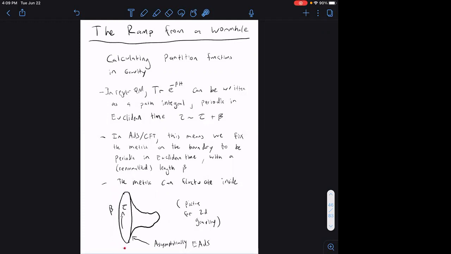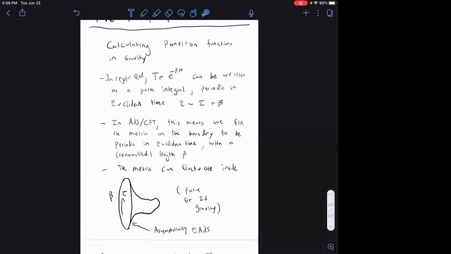So out at the boundary, the geometry is asymptotically Euclidean AdS with period in Euclidean time beta. But inside, we integrate over all geometries that have these asymptotic boundary conditions. So here the picture is for like 2D gravity, because I can't draw a higher dimensional version of this.